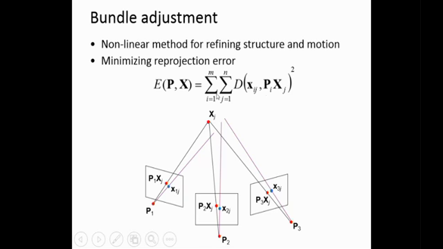Here it's just assuming that every camera sees every point, but in practice you might have only a subset of cameras that see each point. And you want to minimize the square distance between the projection of the 3D point and the observed point. And that will be done using some form of gradient descent or some kind of nonlinear optimization.